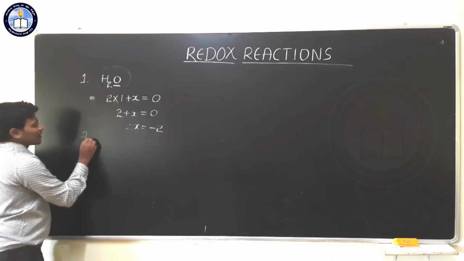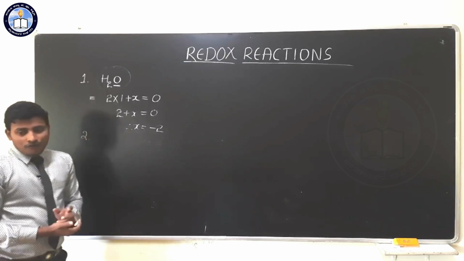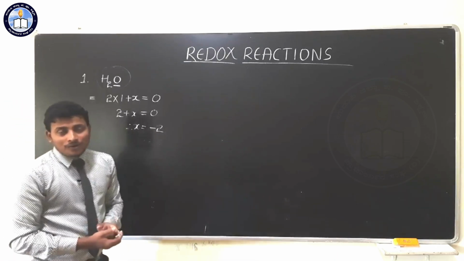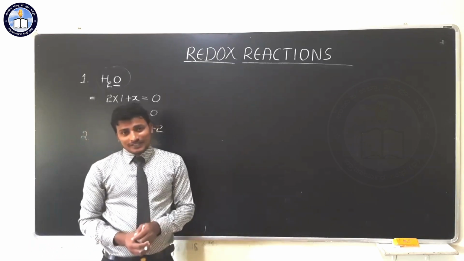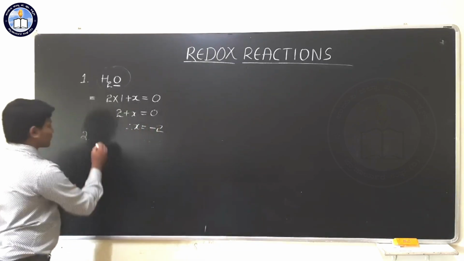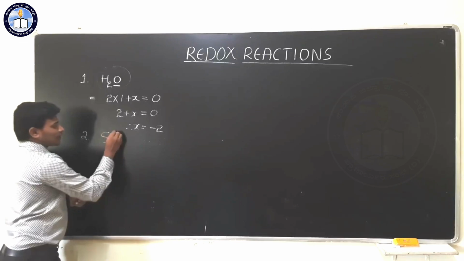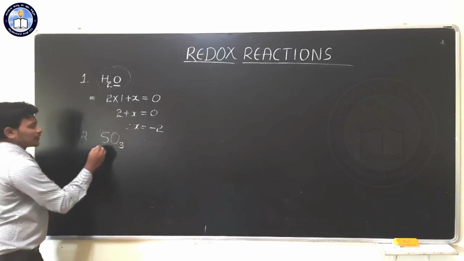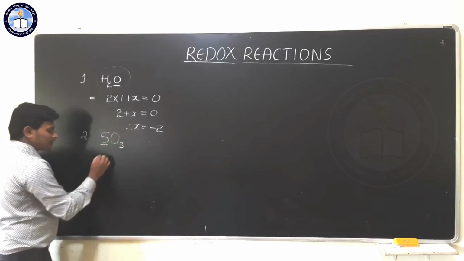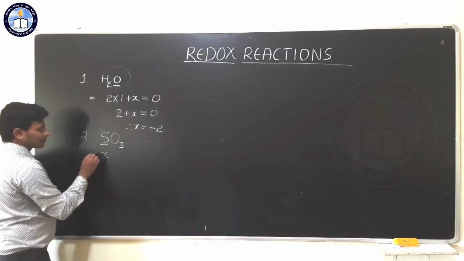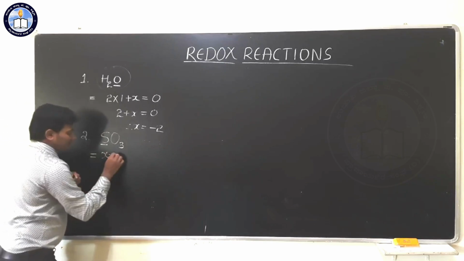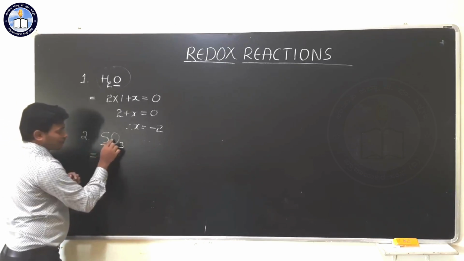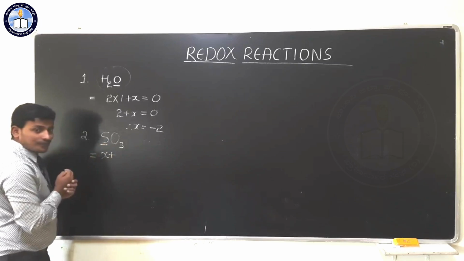Okay, second one. For the second one, we have to find the oxidation number for sulfur in SO3. For sulfur we put x, plus sign between them.